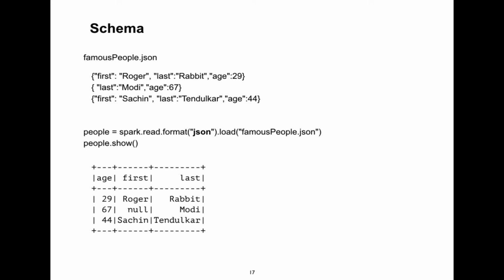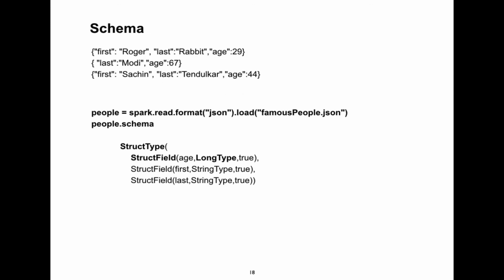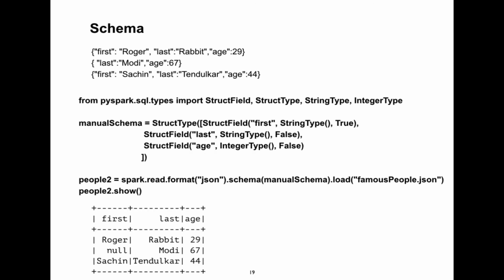So looking at the JSON file, reading the file, again, it's just Spark read, format, and so on. We're getting a long type for the age. Do we want that or not? So here's how we can actually specify what the schema should be.